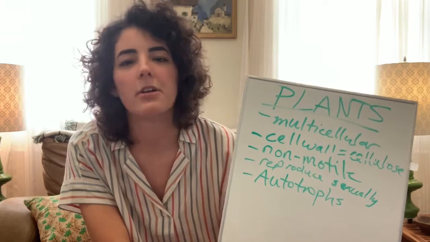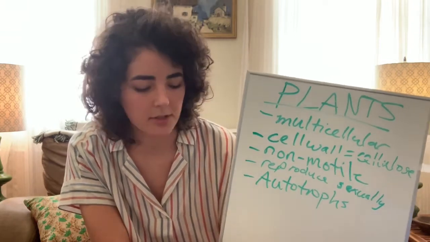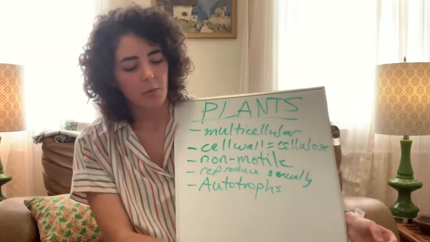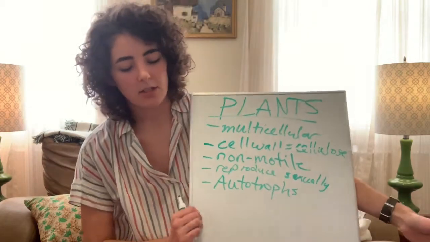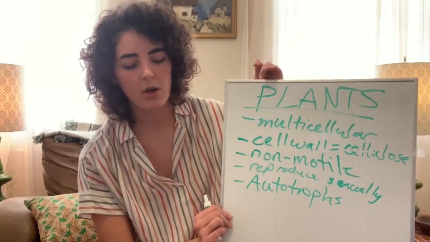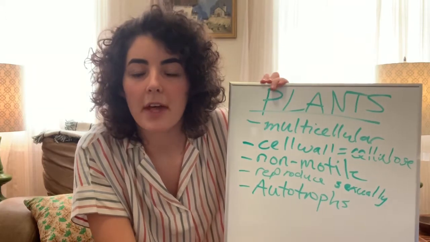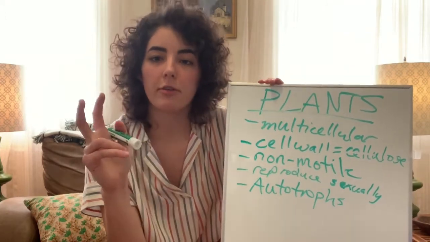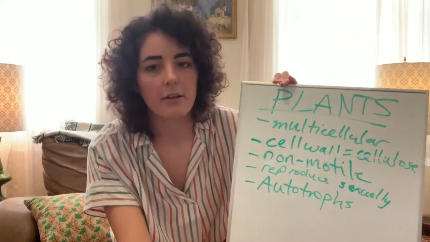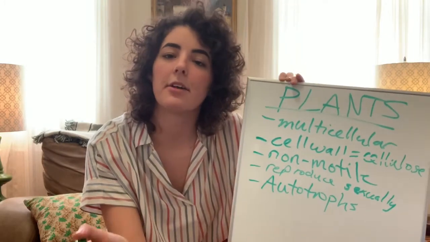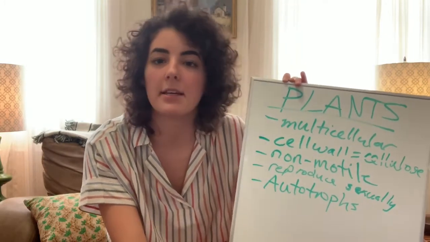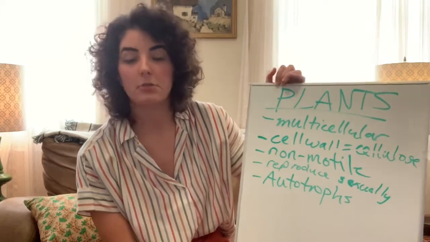So let's talk about how plants perform photosynthesis. Just a little bit. I know you already got this in Bio 1, so I'm not super concerned with this stuff. Plants perform photosynthesis with photosynthetic pigments called chlorophyll that are inside of the plastids, inside of their chloroplasts in their cells. So those are a lot of words.